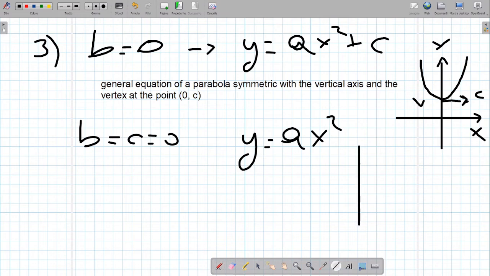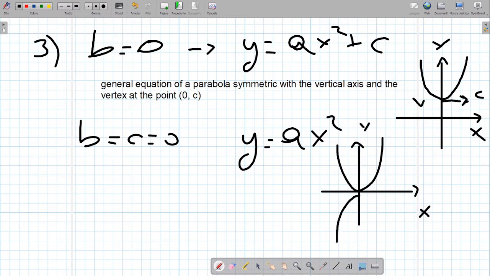Okay, so it will always be coincident with the center of the graph. Or it can be also this way. And now we will see which are the differences.